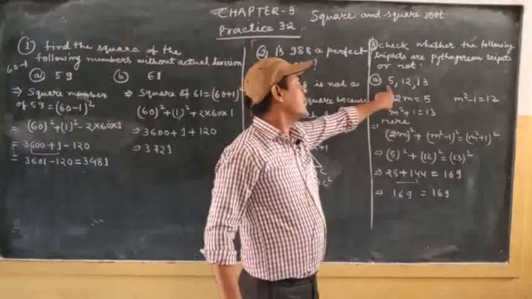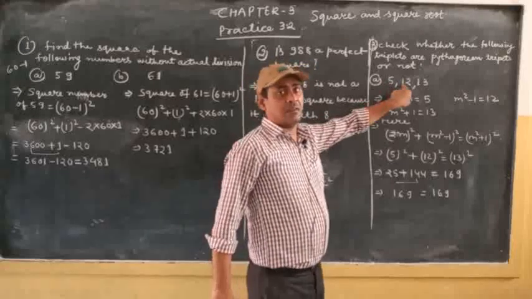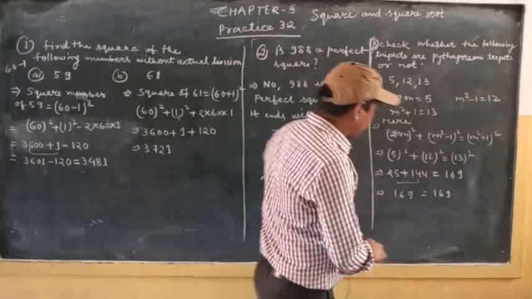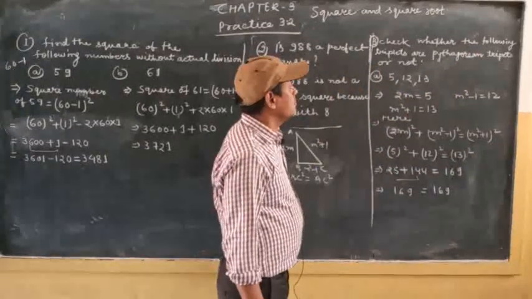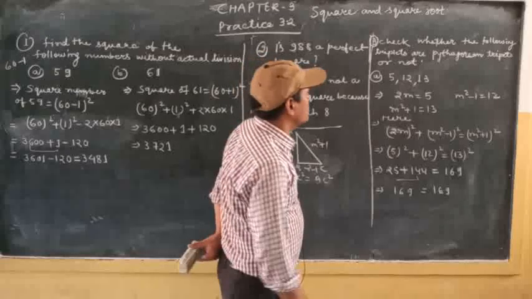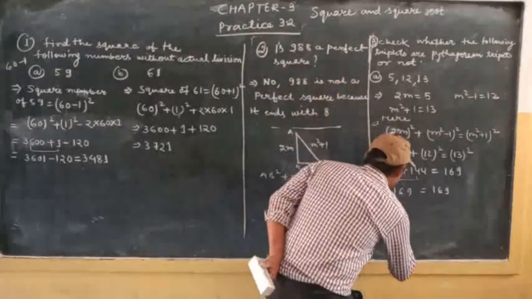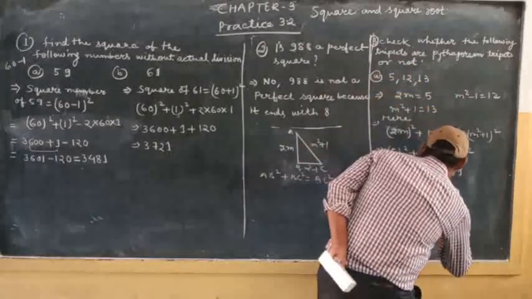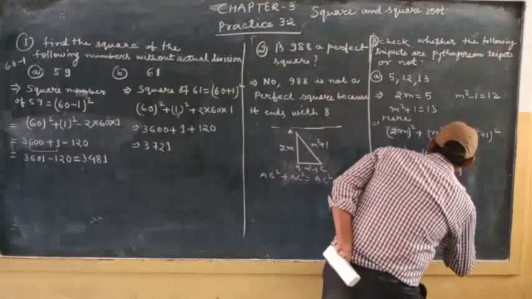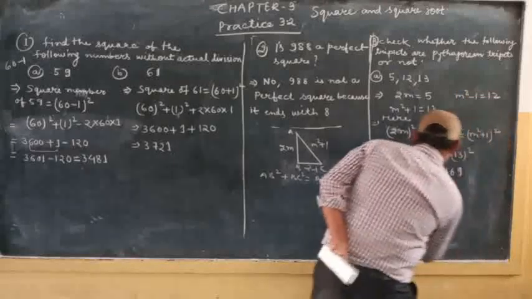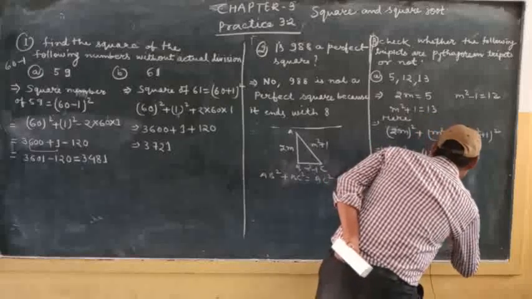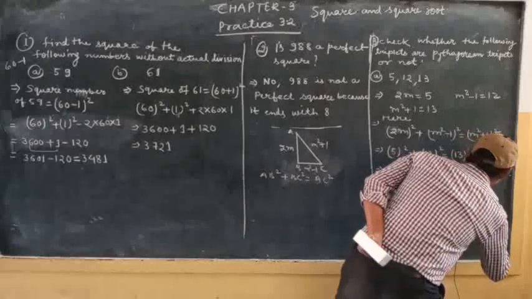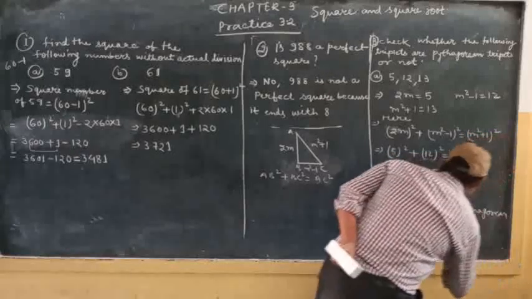So this group of numbers follows the Pythagorean triplet. Hence this is a Pythagorean triplet.